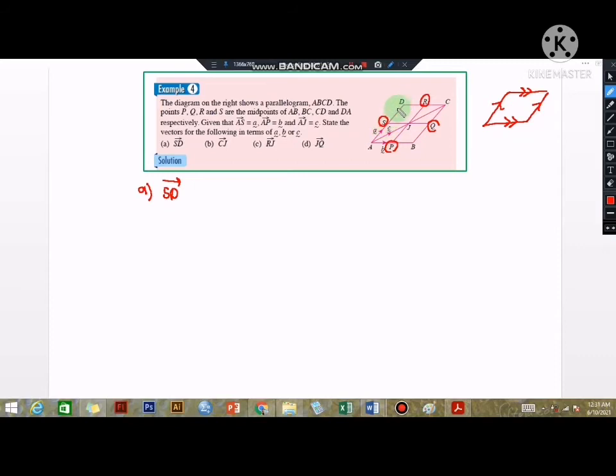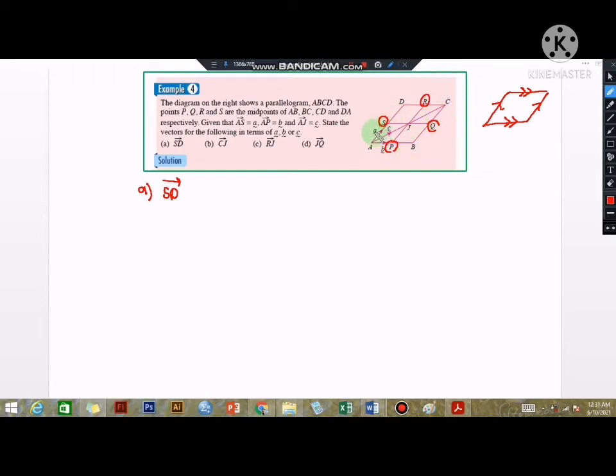The question asks you to state the vector SD. The length of SD is equal to the length of AS, isn't it? And AD is parallel to BC.